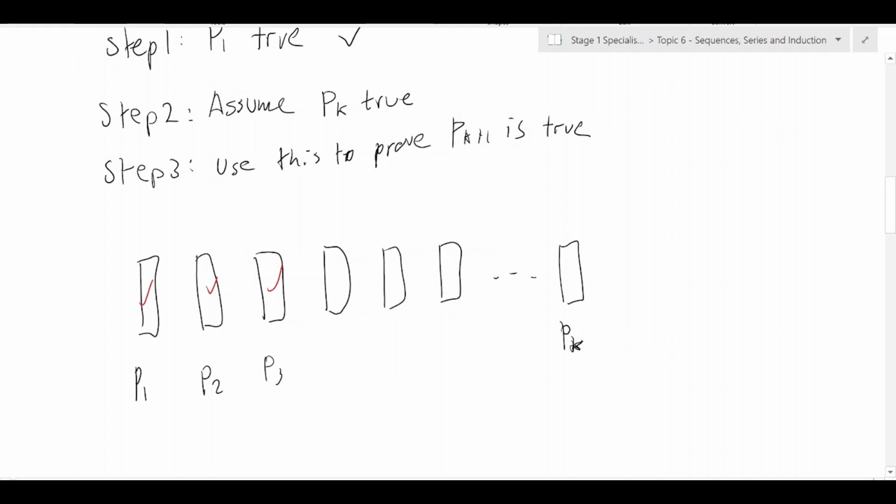And what we want to prove is if Pk is knocked over, then Pk plus 1 gets knocked over.